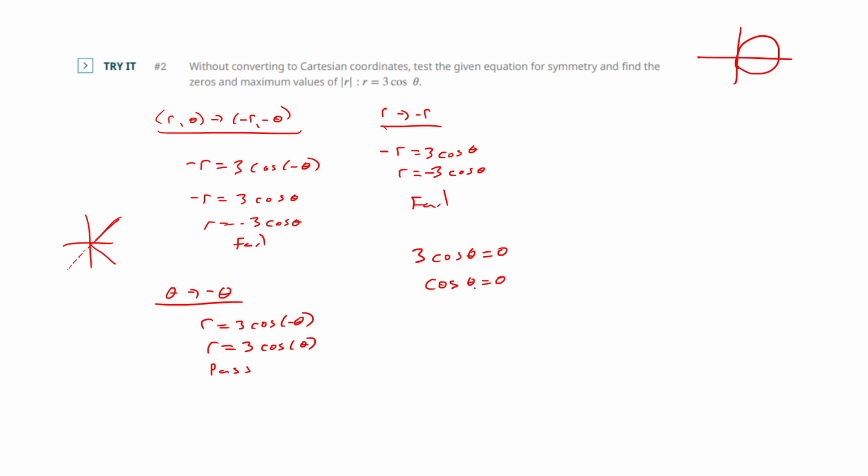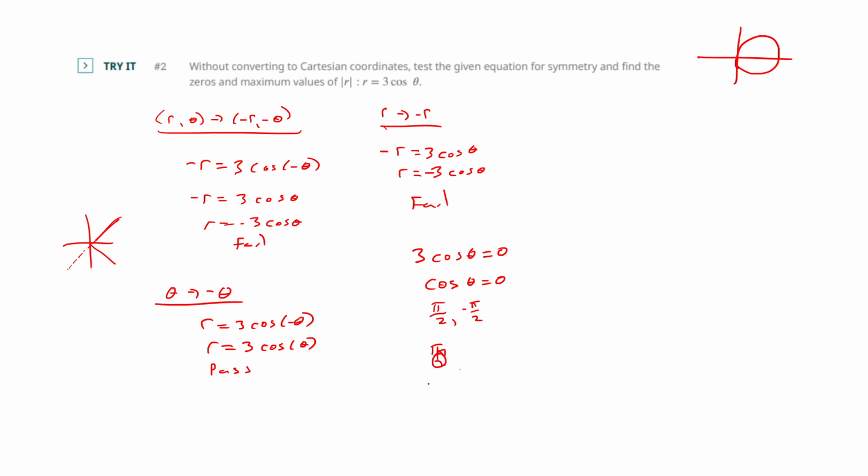So when is cosine of theta equal to 0? Oh, my graph is wrong then. Well, cosine of theta is 0 at pi over 2, and we'll think of it like negative pi over 2. Okay? All right, now let's plot these points here. If I put in pi over 2, I get 0.